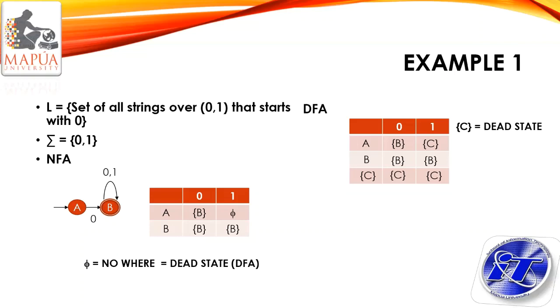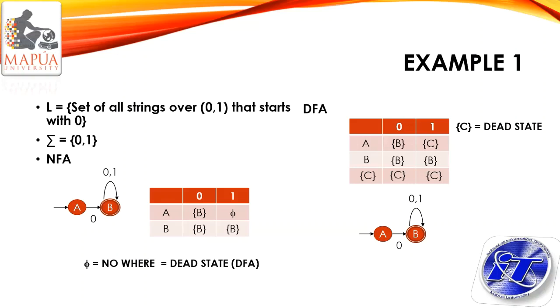Same as with the NFA, A will be the initial state. After encountering 0, it will go to a final state, which is B. And in B, it will just loop within itself if it encounters 0 or 1.